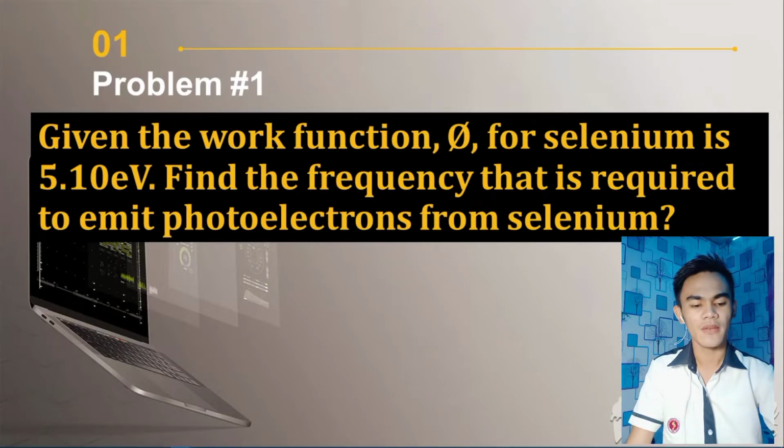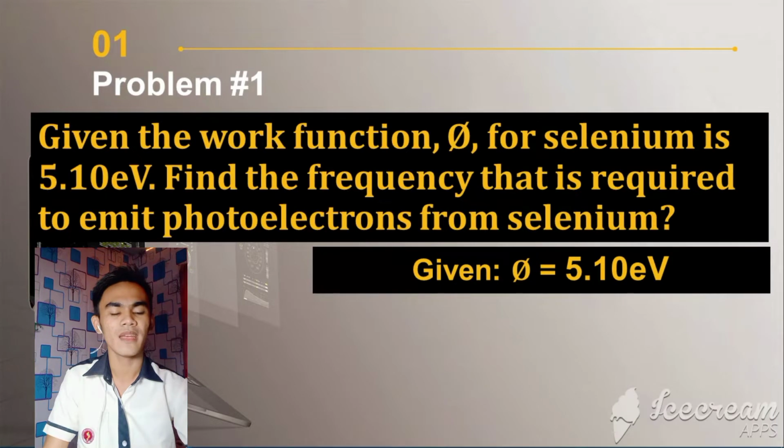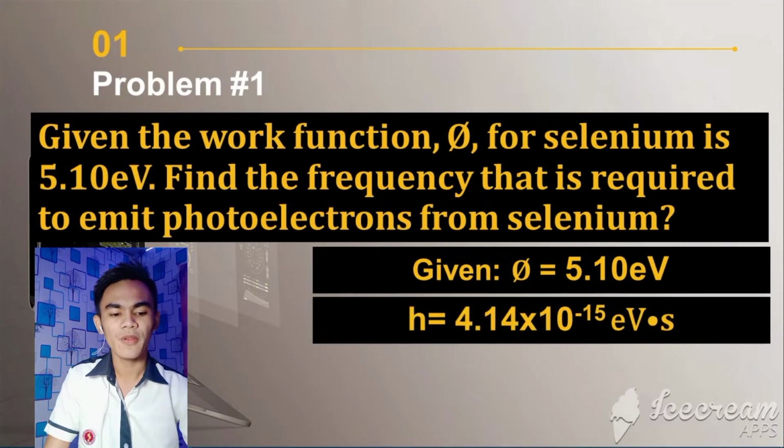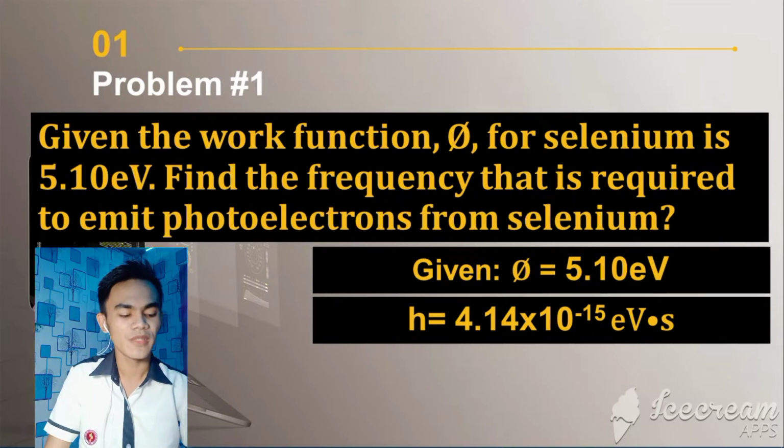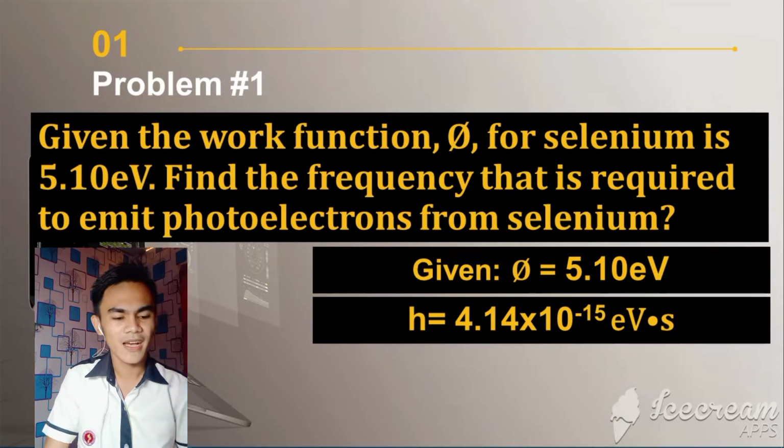We have the work function, which is 5.10 electron volts, and the Planck's constant, which is 4.14 times 10 raised to the power of negative 15 electron volt seconds, or equal to 6.626 times 10 raised to the power of negative 34 joule seconds.